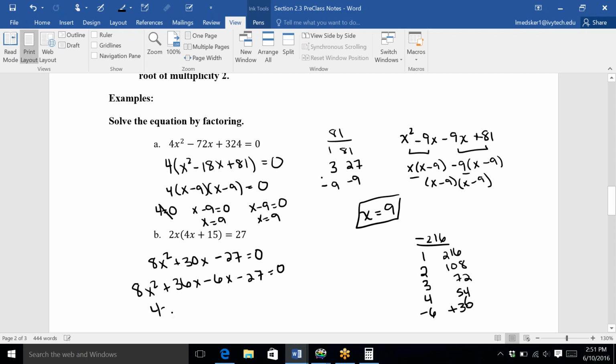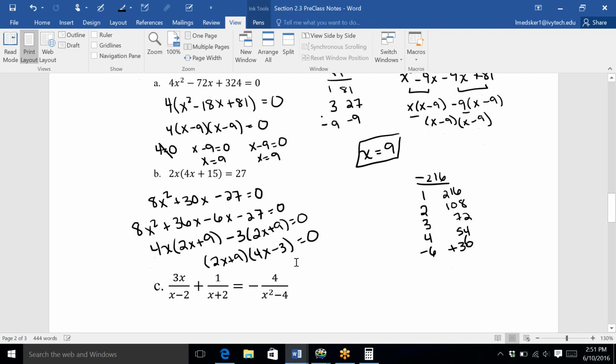We can pull a 4 and an x out of the first pair. That would be a 2x plus a 9. We can pull a negative 3 out of the second pair, and that would still be 2x plus 9. I have a 2x plus 9 in the first parentheses and a 4x minus 3 in the second.